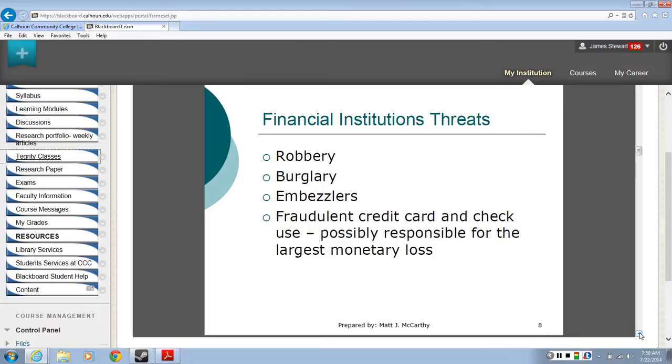Banks. Many people don't necessarily consider a bank an institution, but we do call them financial institutions, and because of that, they are also a very attractive target. Almost every bank around has somebody who's responsible for security, and many banks have uniformed security officers who are armed.